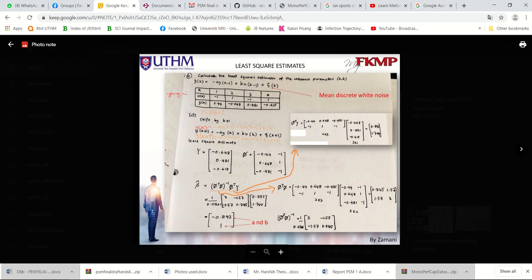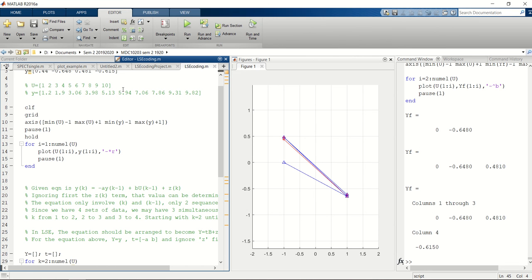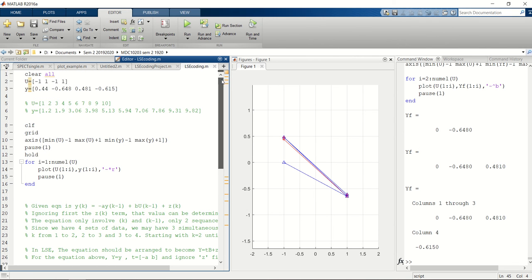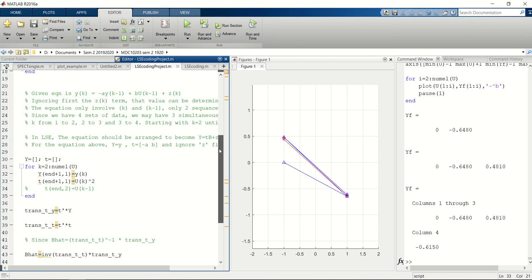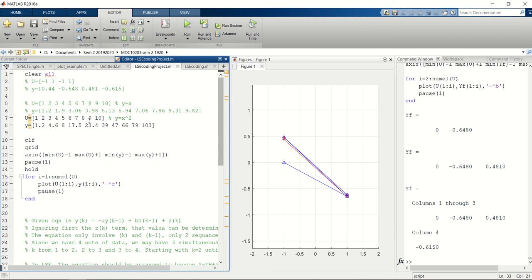We go back to our Matlab just now, and I also have this project, LSE coding project. Just now was LSE coding, the one from our case study. This one is if we use a different set of data. I prepared these two sets of data, this one and this one.